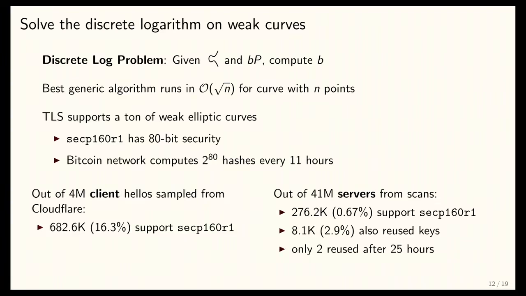And when we rescanned these hosts after 25 hours, we found that only 2 of them were still reusing keys. So for these hosts, if we were able to solve the discrete log on this 160-bit curve, or this curve with 80-bit security, in under 25 hours, then we would be able to do the CurveSwap downgrade attack. However, it's still not quite a practical attack because I don't have the power of the Bitcoin network in my lab.